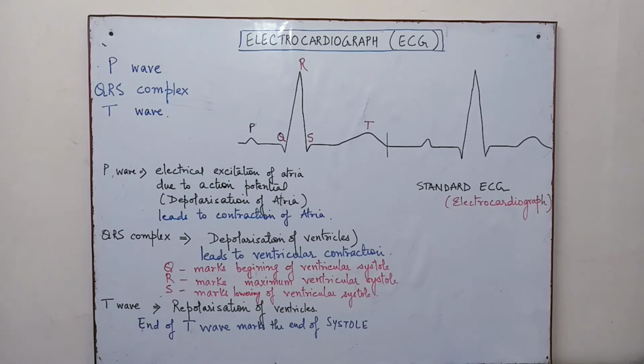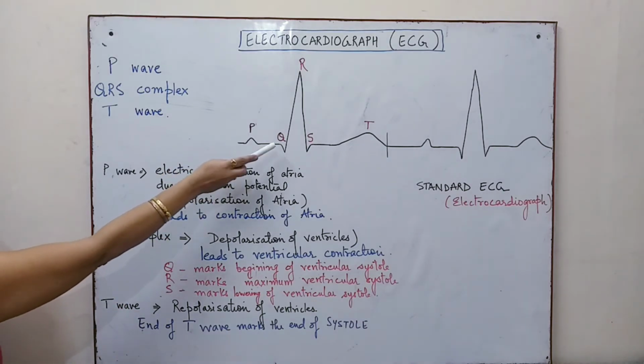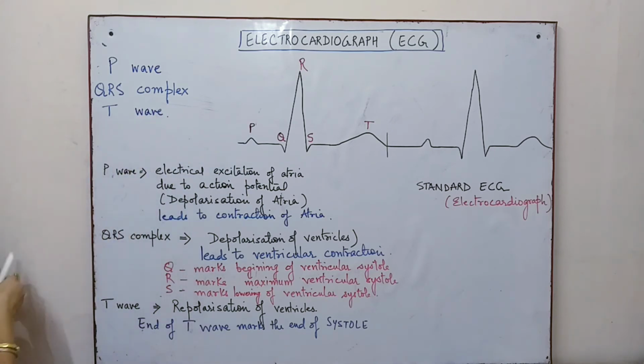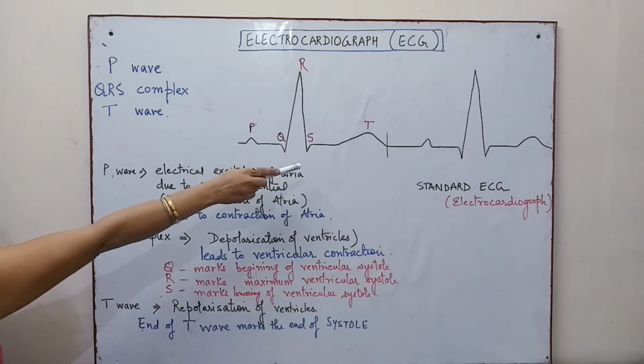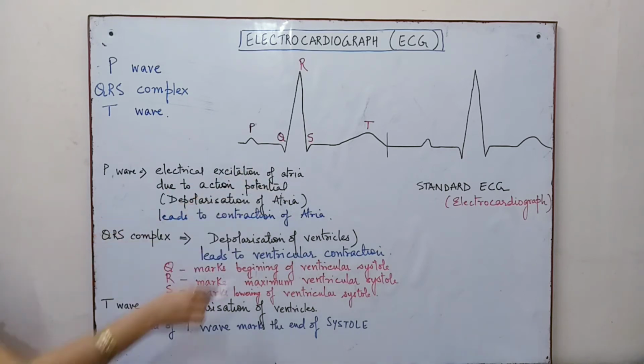Now, let us study. This is the electrocardiogram of a normal healthy person, showing you the P wave, QRS complex and the T wave. So we have 3 waves, and at the end, where the T wave ends, there is a straight mark, that is the start of the next wave or the next cardiac cycle.